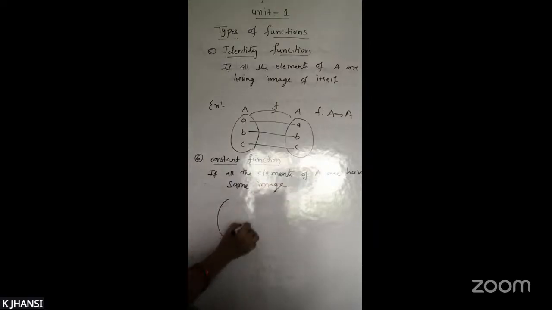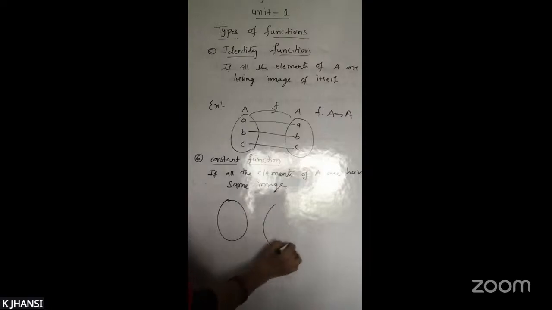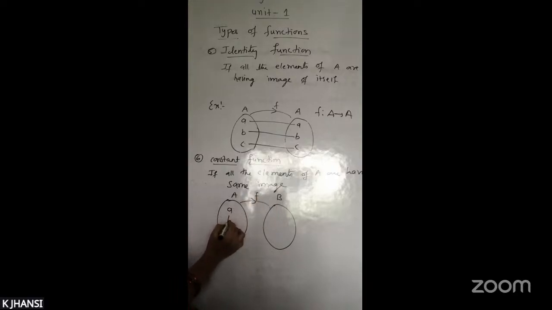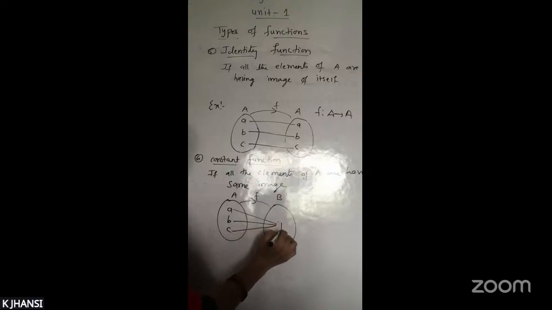So you can take an example like this. A, B, mapping from F. If A, B, C are there, if they have only one same image, one. Okay, this is the example for constant function.